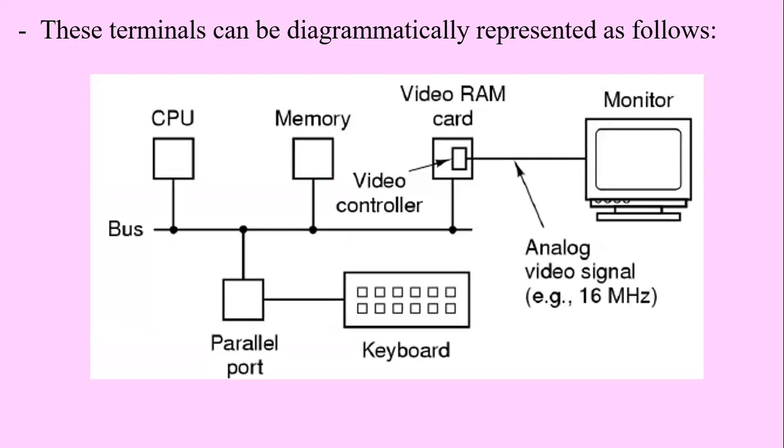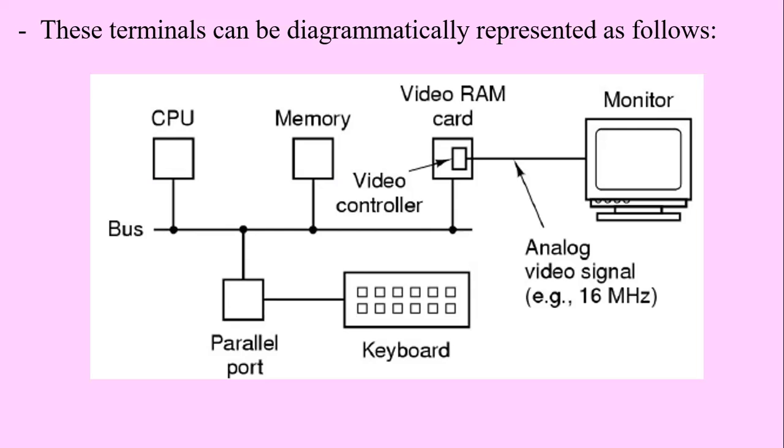These terminals can be diagrammatically represented as follows. From this diagram, my dear students and the rest of the learners, you can see that we have a bus through which the CPU, memory, and the video RAM card are connected.